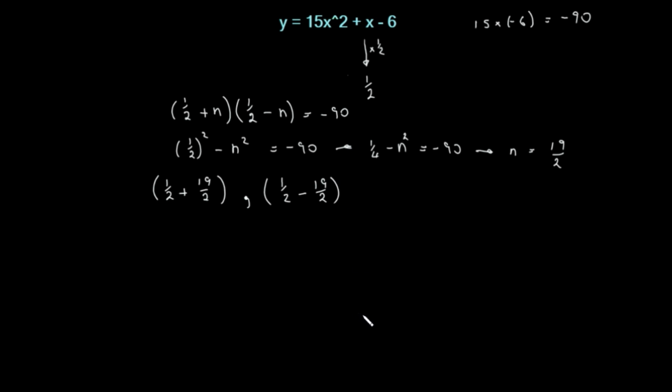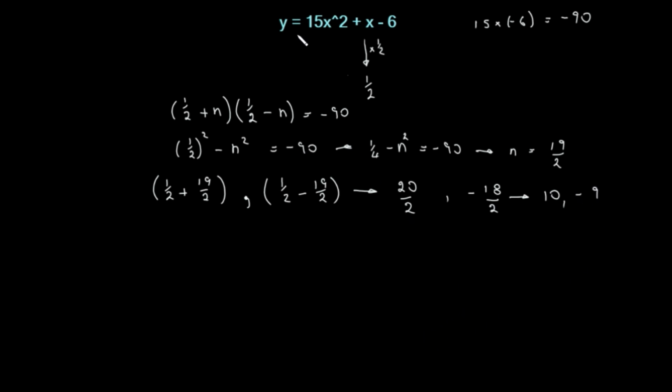Okay, so that indeed gives us 20 over 2 and minus 18 over 2, which in turn becomes 10 and minus 9.